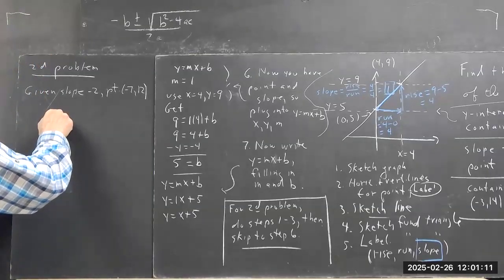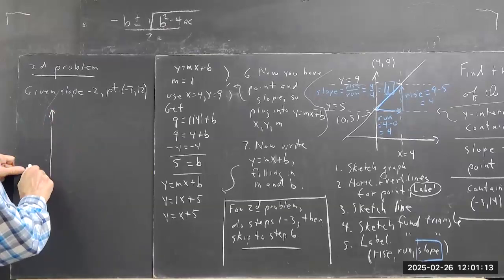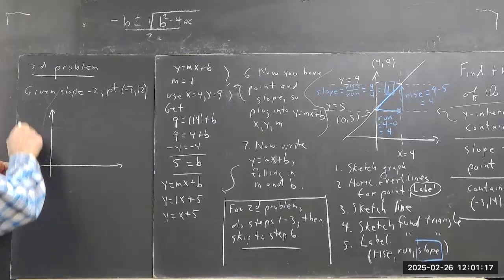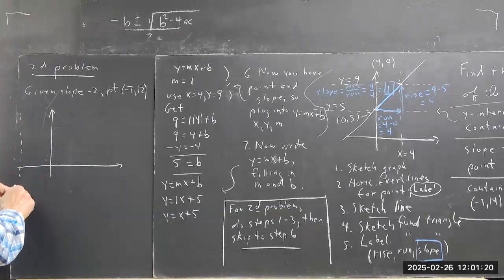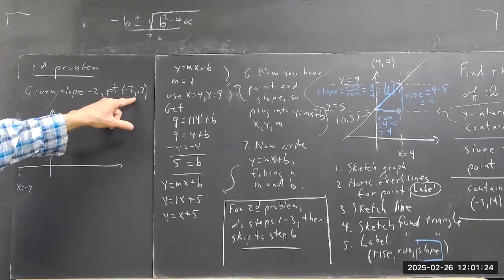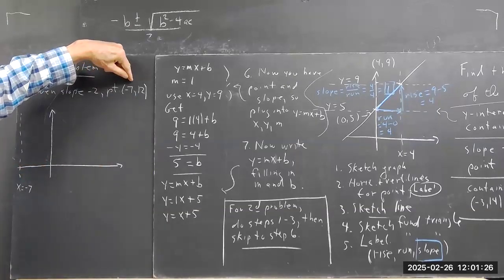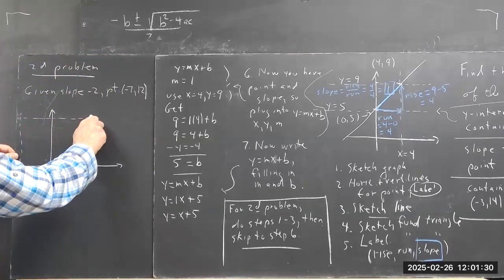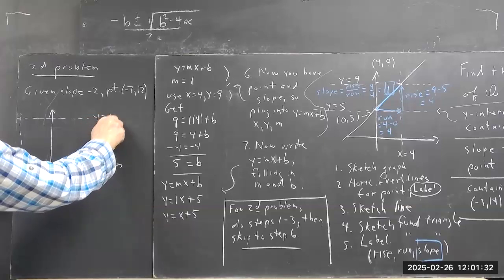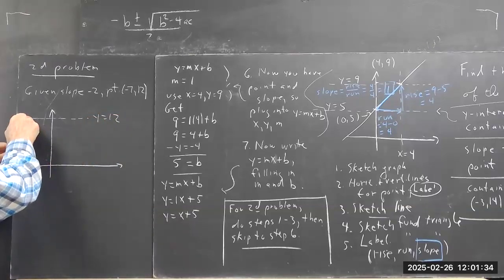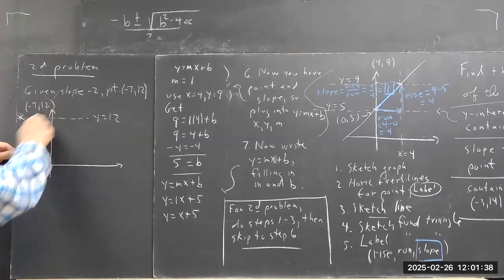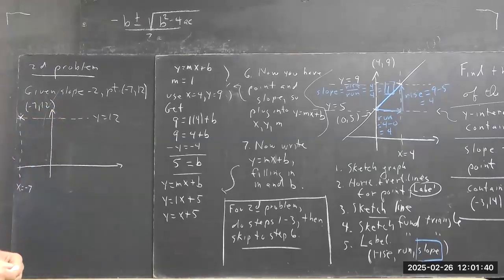Well, you draw your graph. You label a point. You're going to need x equals -7 to locate this point, and then you're going to need y equals 12. Now you can label the point (-7, 12).